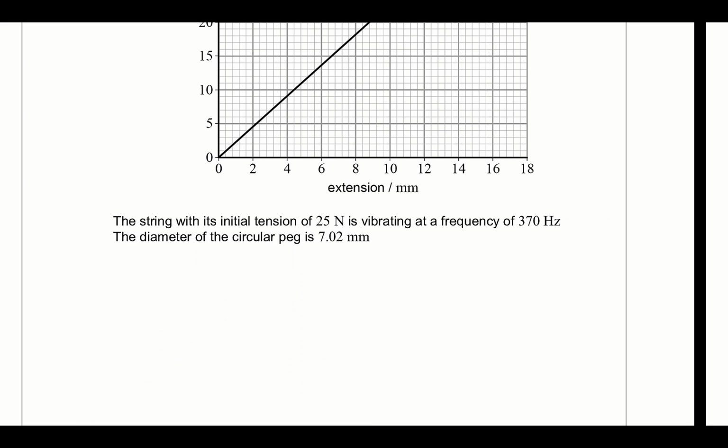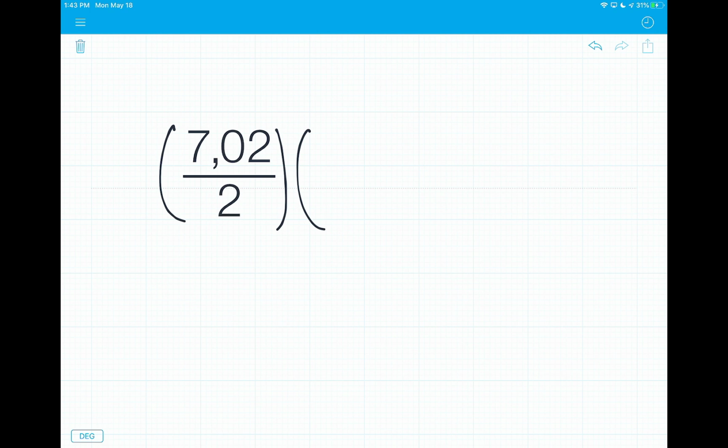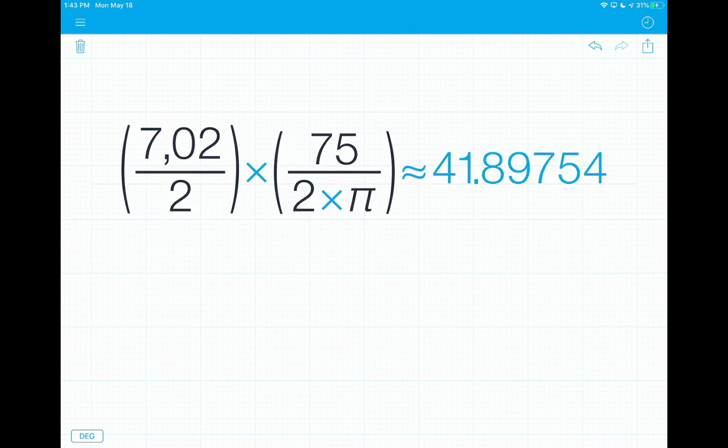So 7.02 divided by 2 times 75 divided by 2 pi.